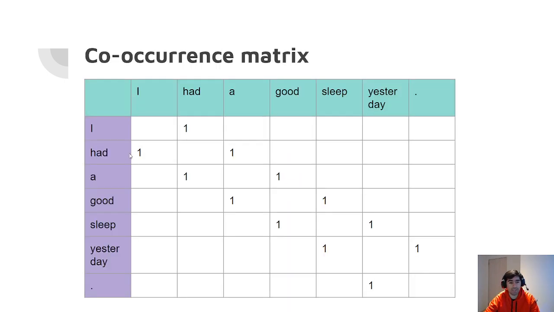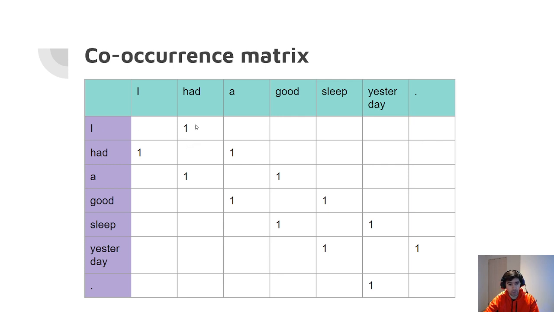Well, of course, we would list every word in the vocabulary, and because every word appears only once in my corpus, it literally becomes my vocabulary: I, had, a, good, sleep, yesterday, and even the period, which I will treat as a word in my vocabulary. So I have seven: 1, 2, 3, 4, 5, 6, 7. And my co-occurrence matrix will be a 7 by 7 matrix.